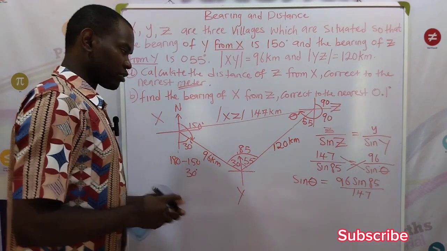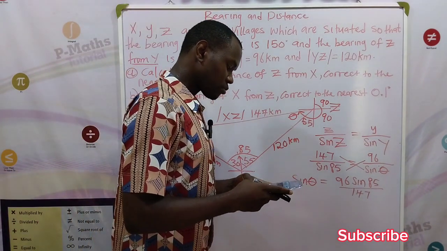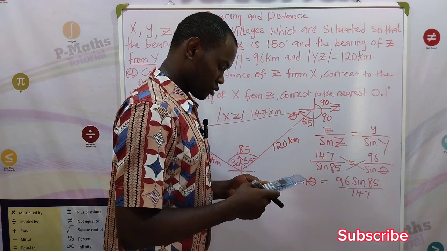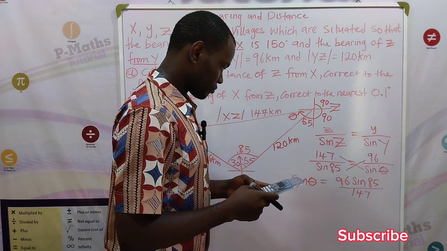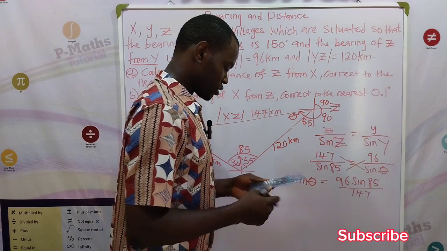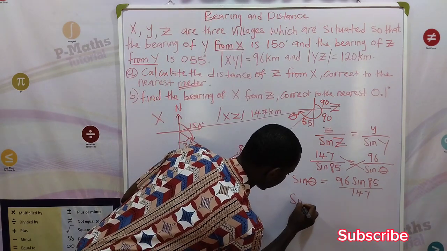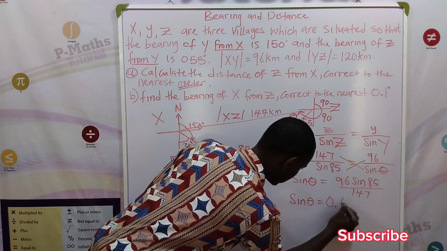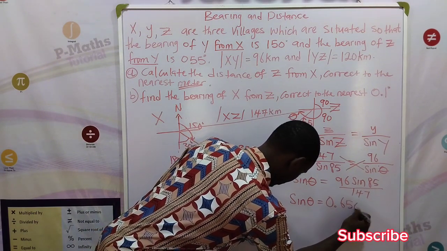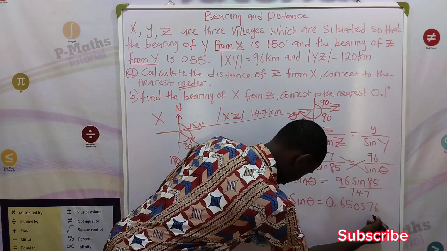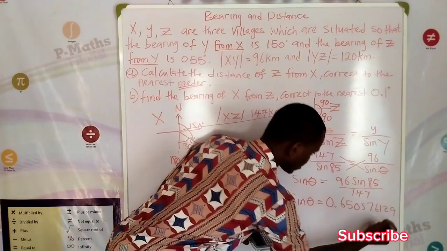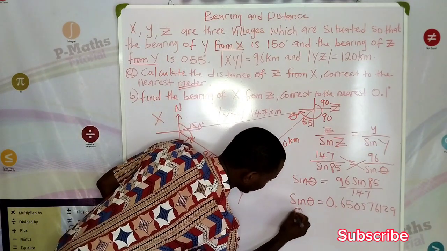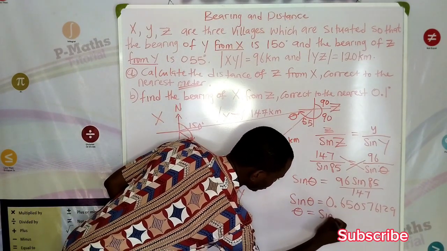So let's punch our calculator completely. 96 sine 85 equals, then the answer divided by 147. I have sine theta equal to 0.650576129. So at this point, to get our theta, we take the inverse of sine.